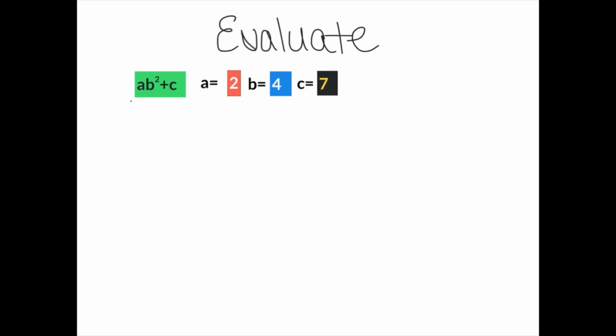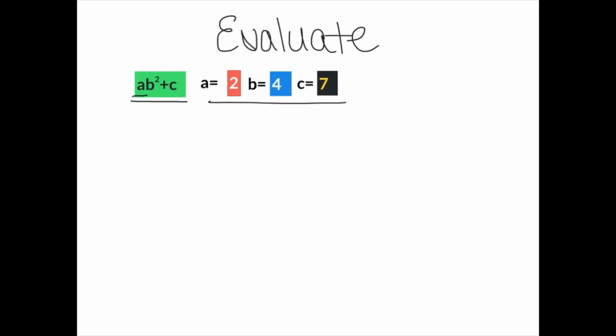We have the expression a b squared plus c. We don't know the values of a, b, or c, but they gave us a little chart that said a is 2, b is 4, and c is 7. So we're going to substitute those values in. We start with a.